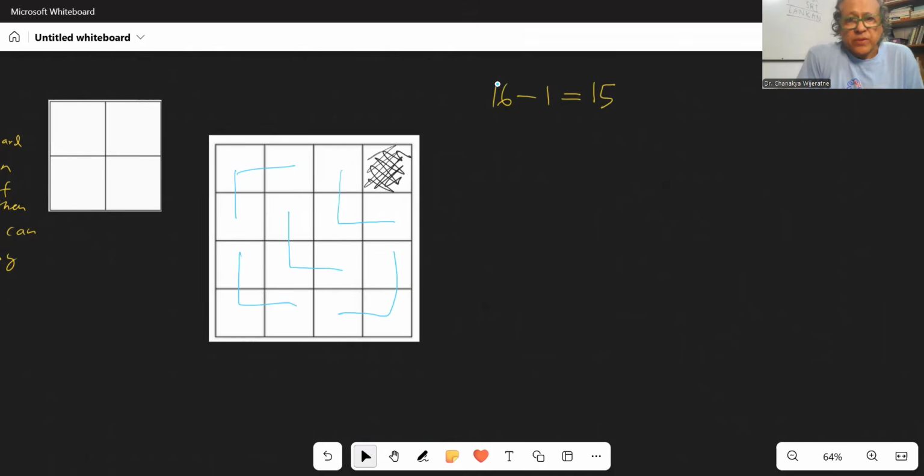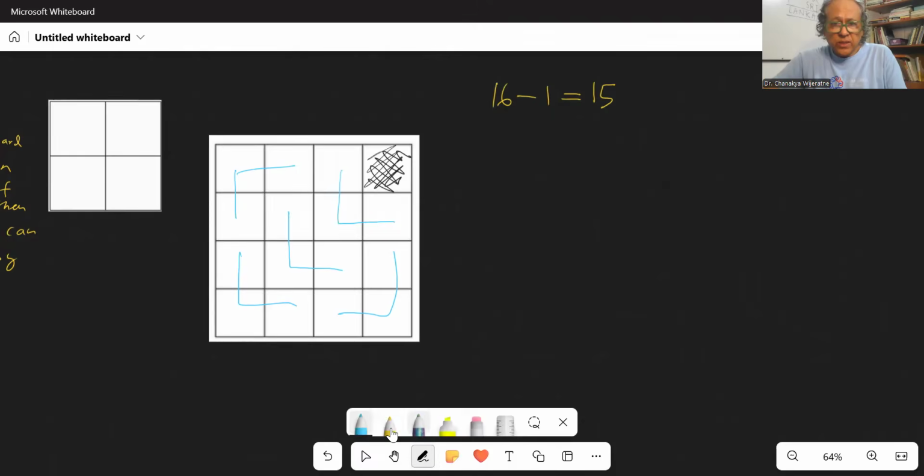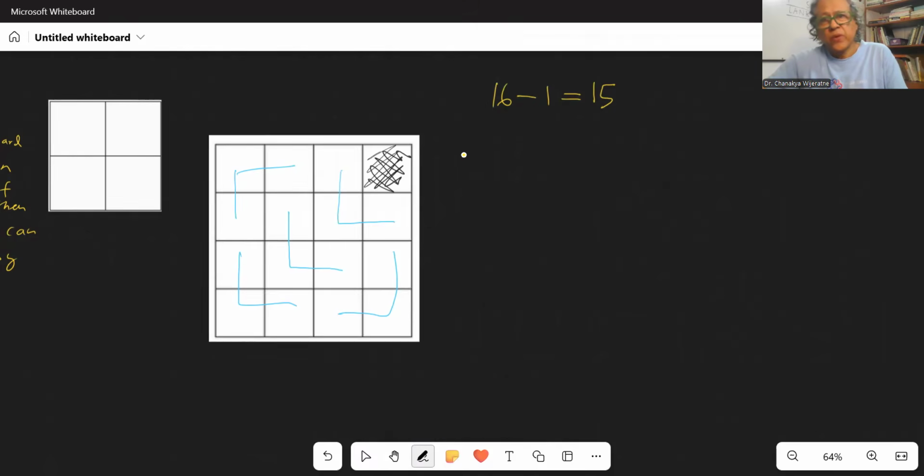So maybe this is without loss of generality. So that means that we can consider a lesser number of cases, and still we will not lose the generality of our proof.